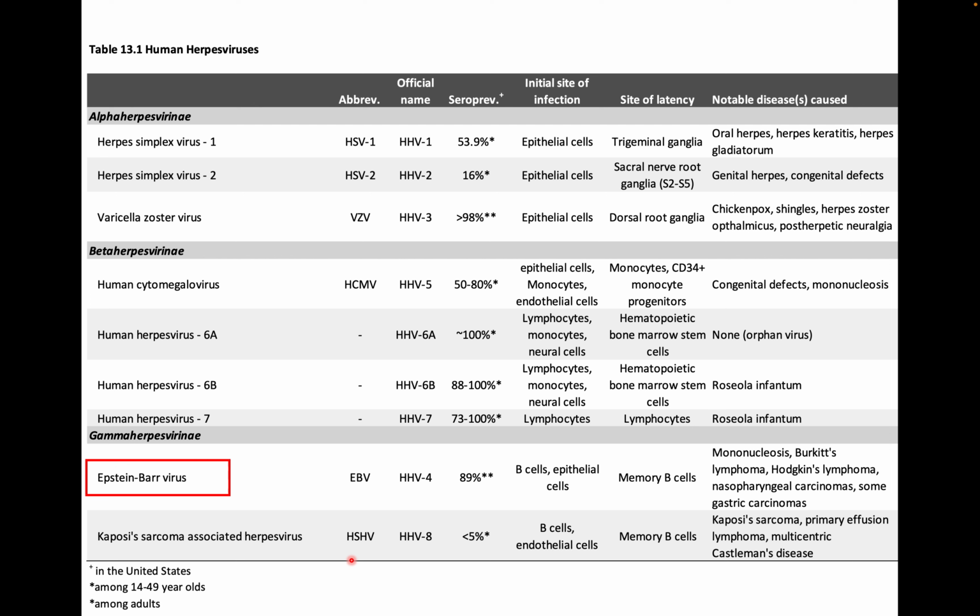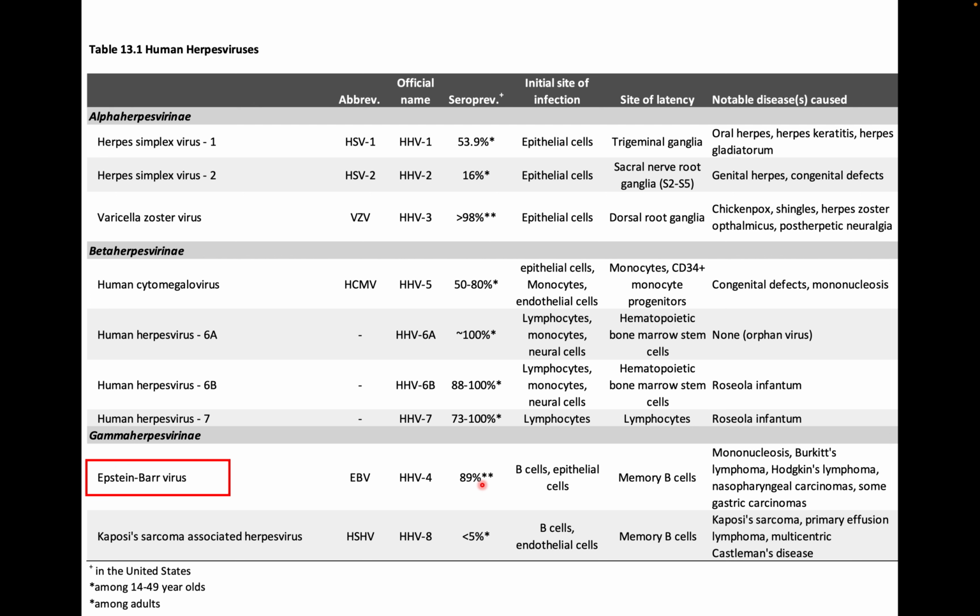All right, then that leaves us with the gamma subfamily here, which has Epstein-Barr virus and Kaposi sarcoma virus. And we touched on both of these in the chapter on viruses and cancer. I'm not going to revisit the Kaposi sarcoma virus, but I will give you just a little bit more detail on Epstein-Barr here.